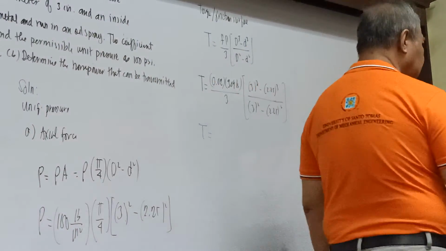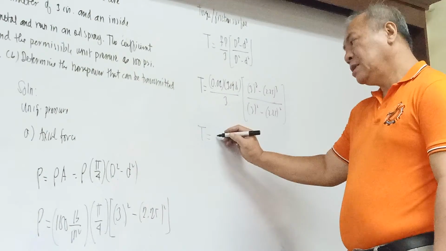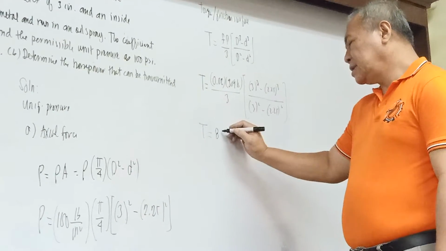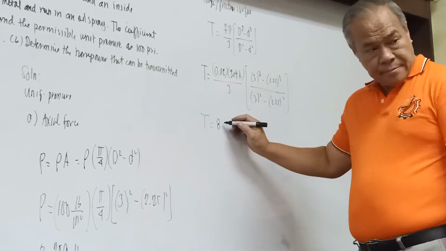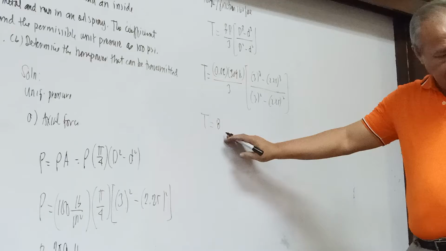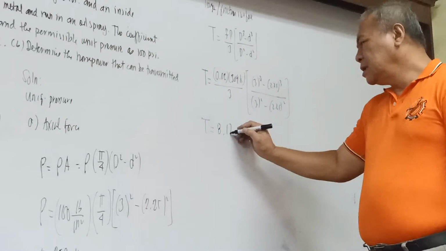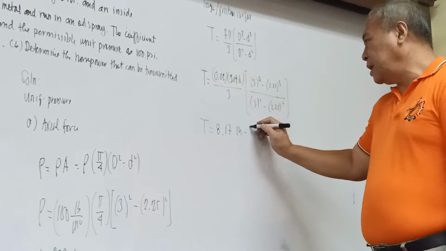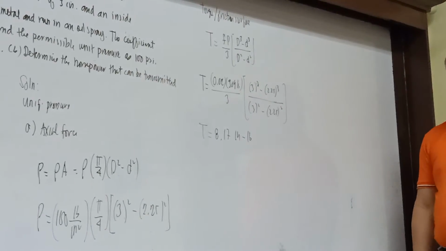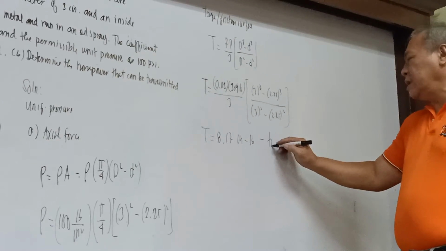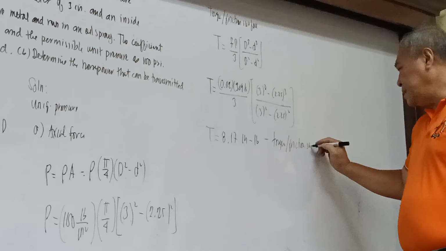The torque is 8.17 inch-pounds. So, yan ang torque natin. Now, take note that this will be the torque per friction surface.